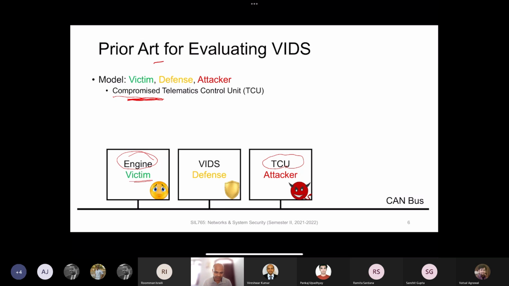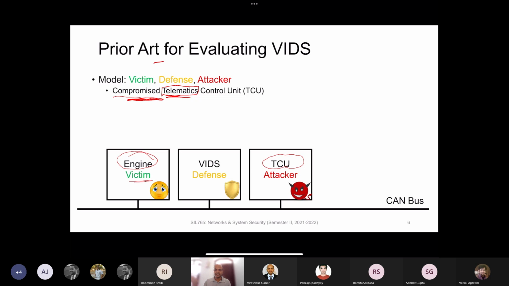This term telematics means that you could stream video through this electronic control unit. It has wireless connectivity. The Bluetooth connectivity to the car happens through this telematics control unit, or any cellular connectivity happens through this telematics control unit.